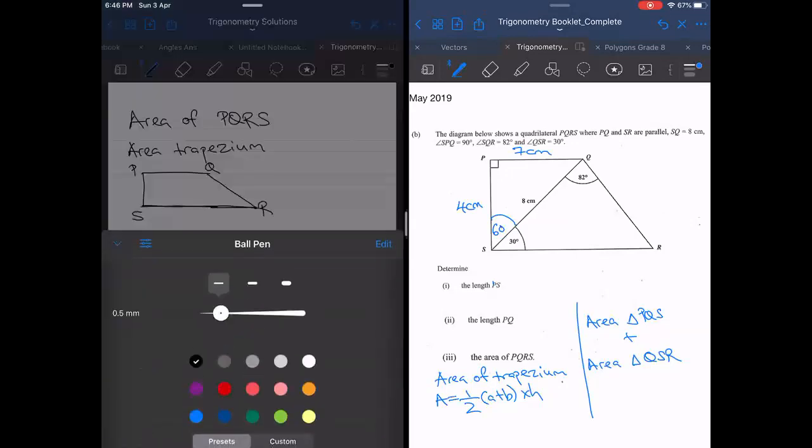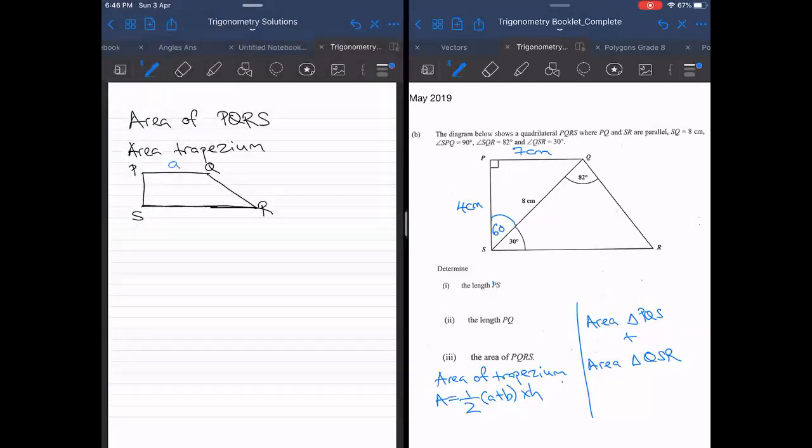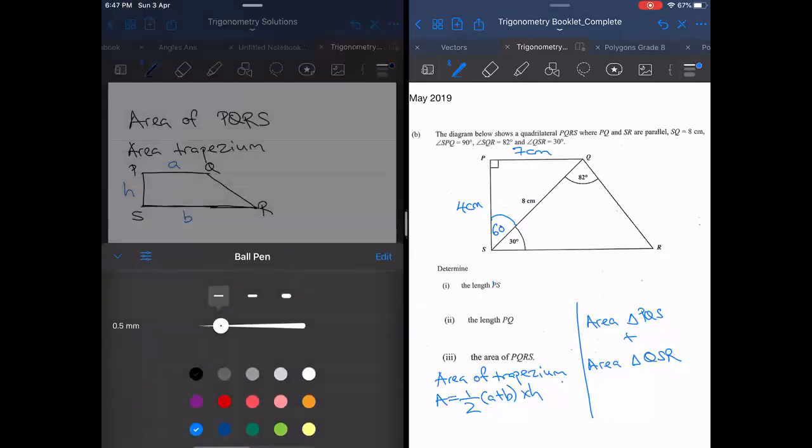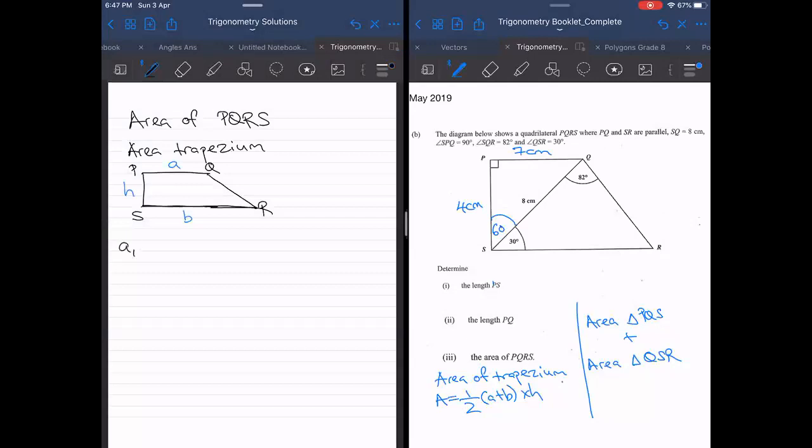In general, for your trapezium formula, the A and the B are the parallel sides, and the H is the vertical distance between the parallel sides.